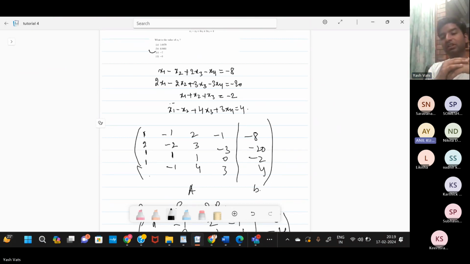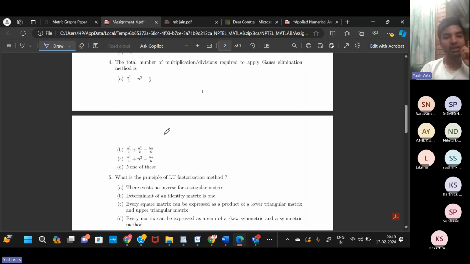Can we verify this question by that formula? Let me see. n cube by 3 minus n square minus n minus n by 3, for an n cross n matrix.